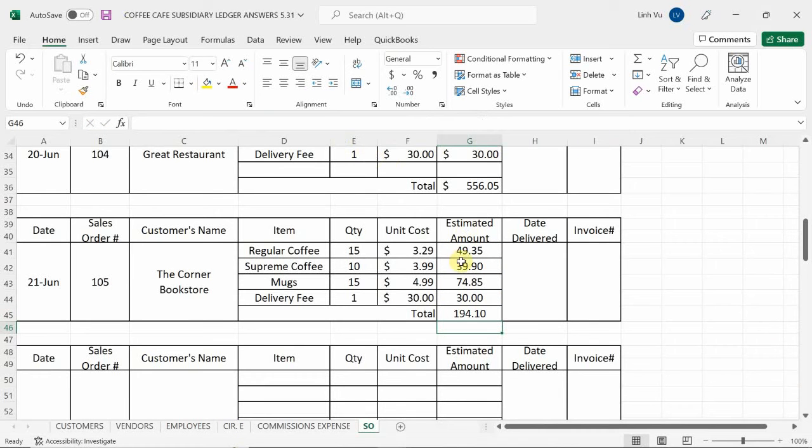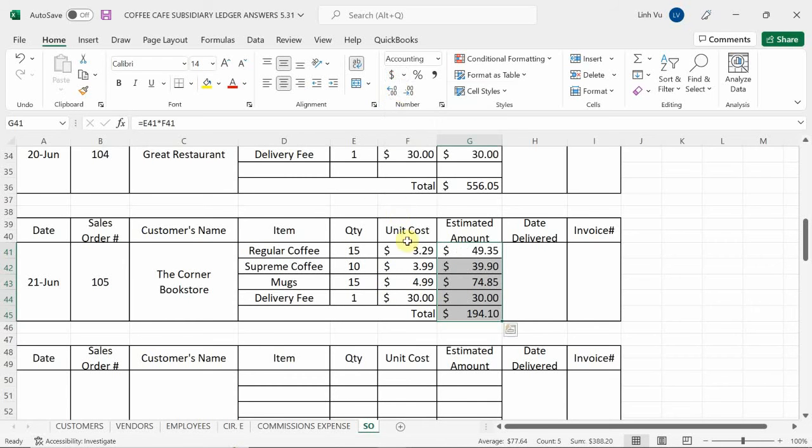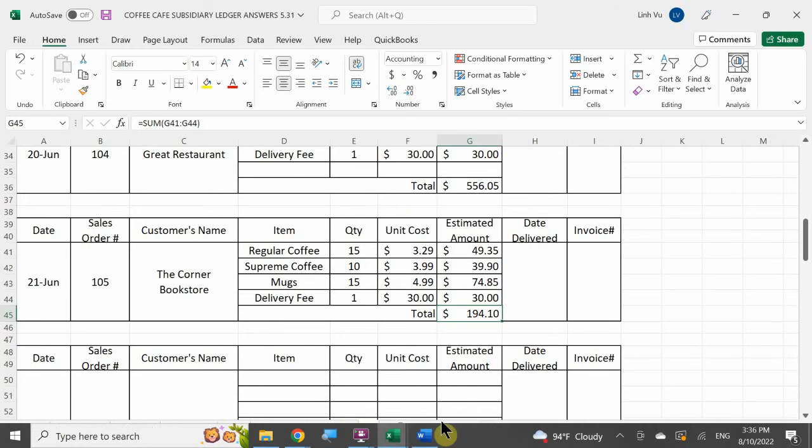So again, $194.10 is what this order is quoted for.